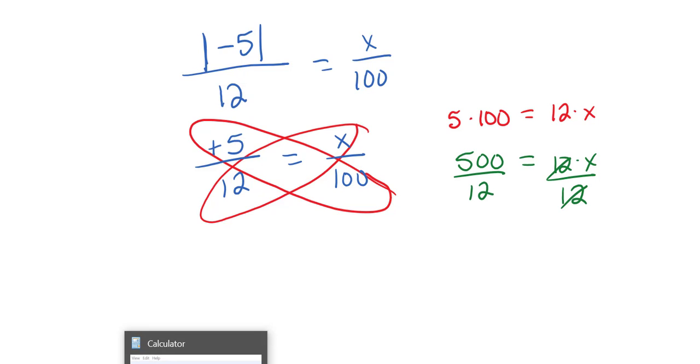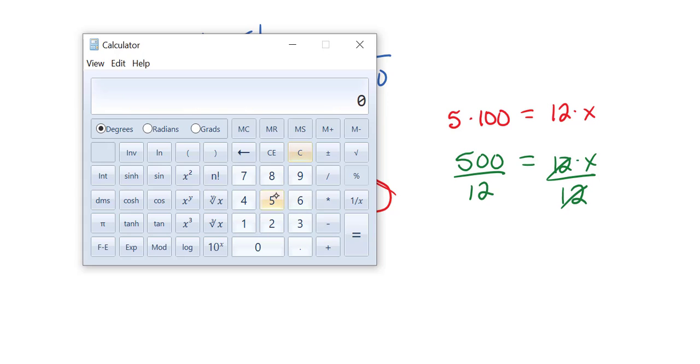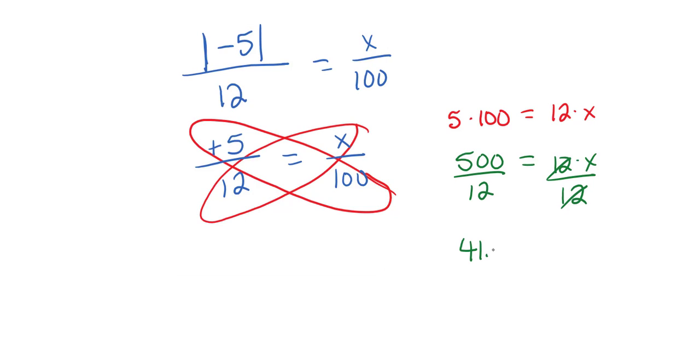So let's get our calculators out. And we get 41.67%. And that would be our percent increase. So it increased by 41.67%.